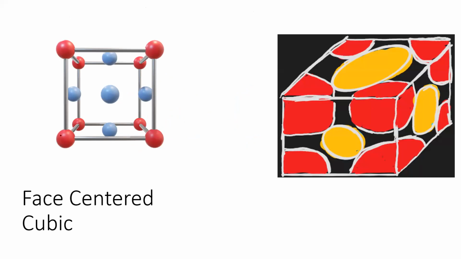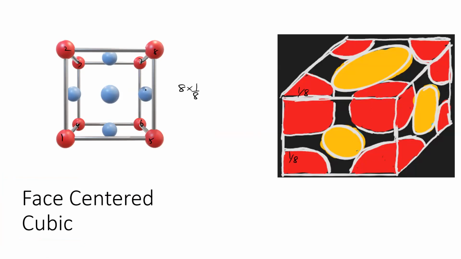Now we have 1, 2, 3, 4, 5, 6, 7, 8. So 8 corner atoms are there. We know that each and every corner atom contribution is 1 by 8. Right? Each and every red corner atom is a 1 by 8 contribution.